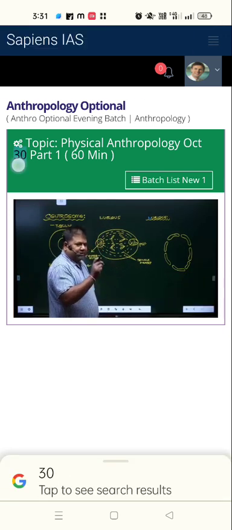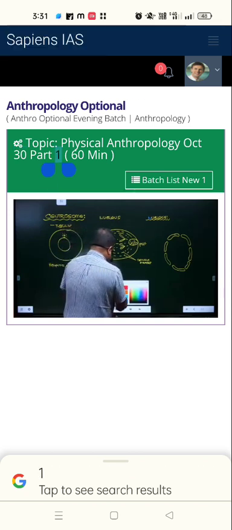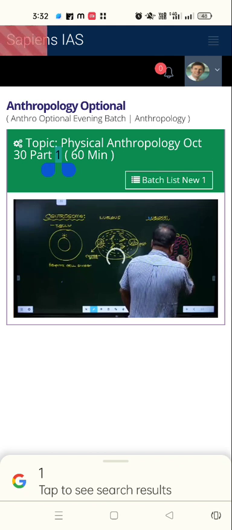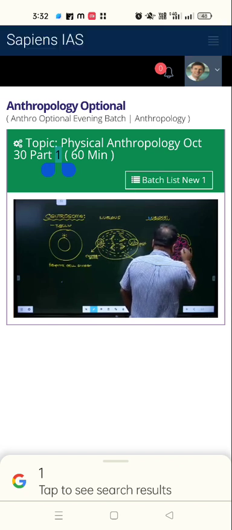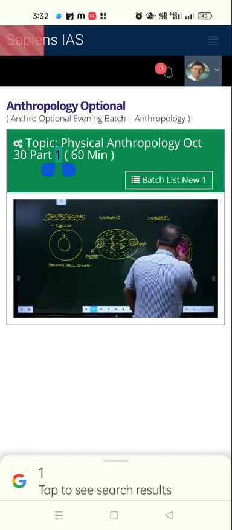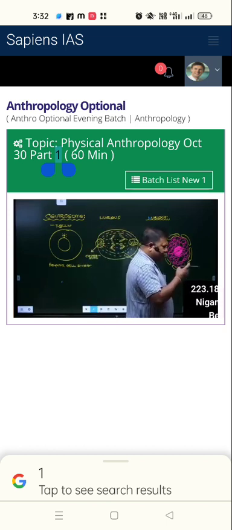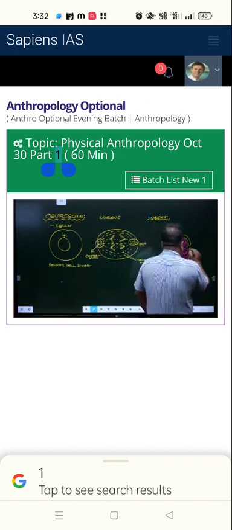It is interrupted by nuclear pores. Understood? These are not wide open. These pores are fitted with nuclear annuli.